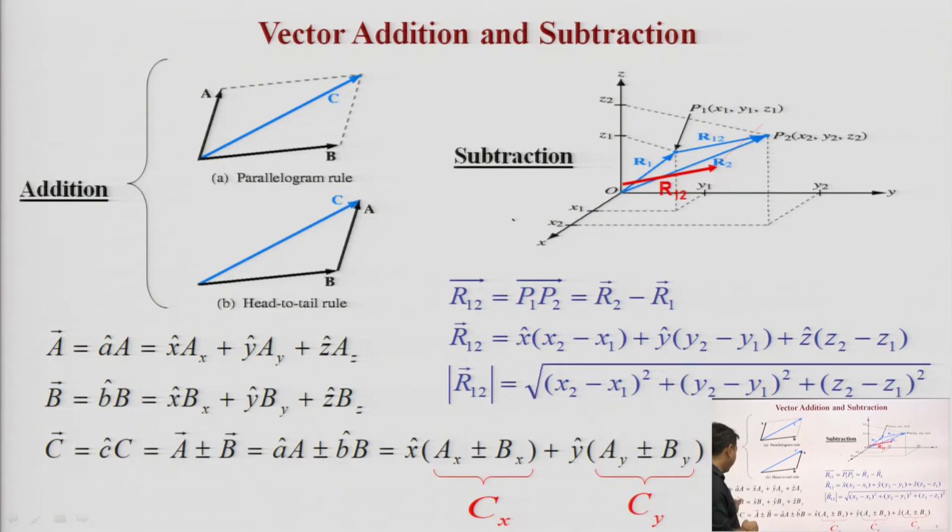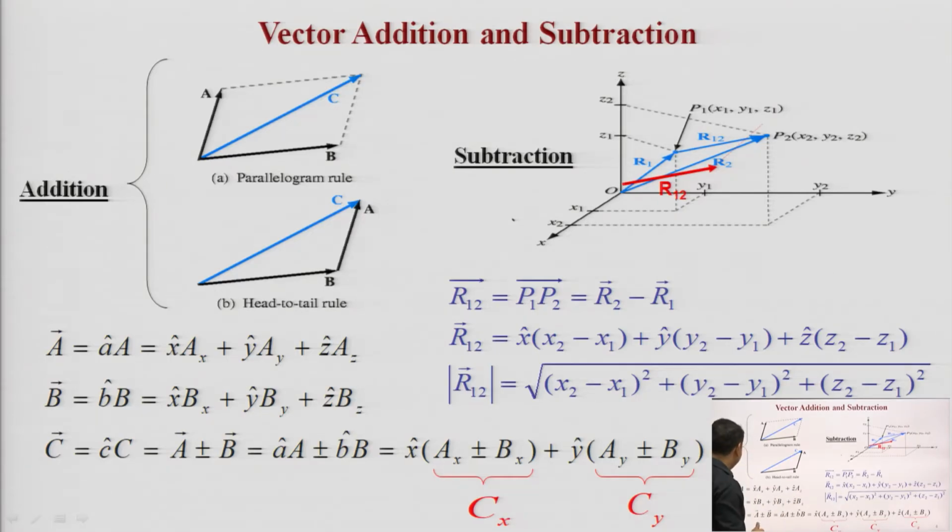Any vector A can be given as A times a_A, where a_A represents the unit vector in the direction of vector A, and in 3 dimensions it can be shown in the form of x a_x plus y a_y plus z a_z, where x, y, z denote the components and a_x, a_y and a_z denote the unit vectors in the particular directions.